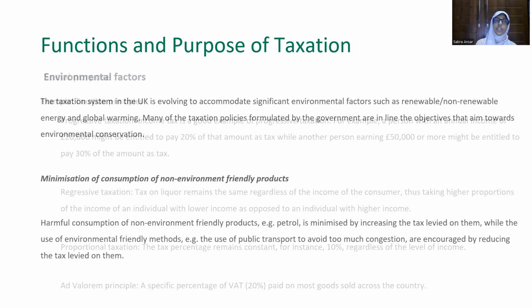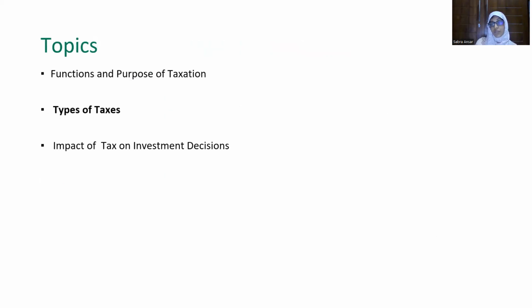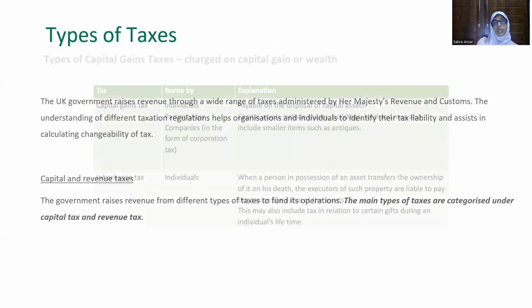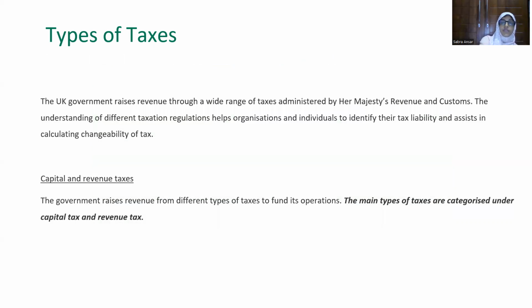Then we moved on to environmental factors, and how taxation is used to manage environmental factors as well. Then we spoke about types of taxation, where we said there are two main types: capital tax and revenue tax. Today we covered the capital tax, where we spoke about capital gains tax and inheritance tax.